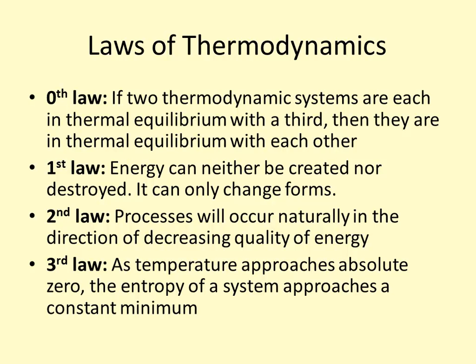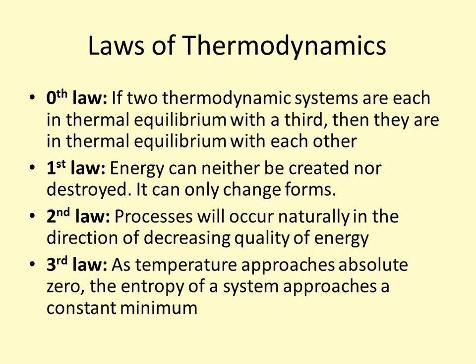The second law dictates which direction natural processes will occur. So even though heat and work are equivalent in terms of they are both energy terms and we can add them together, the second law tells us that heat and work are very different types of entities, meaning that all of our energy in the form of work, like electricity, can be converted to heat. 100% of work can be converted to heat, but we can't go in the opposite direction and convert 100% of heat back to work.